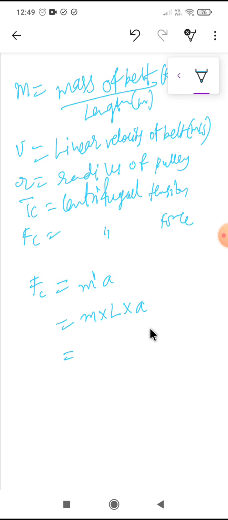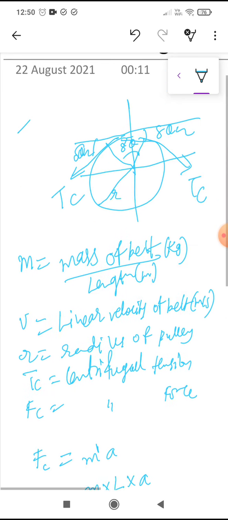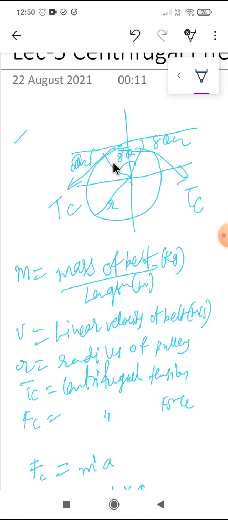Now what is the length? The length will be r into delta theta.